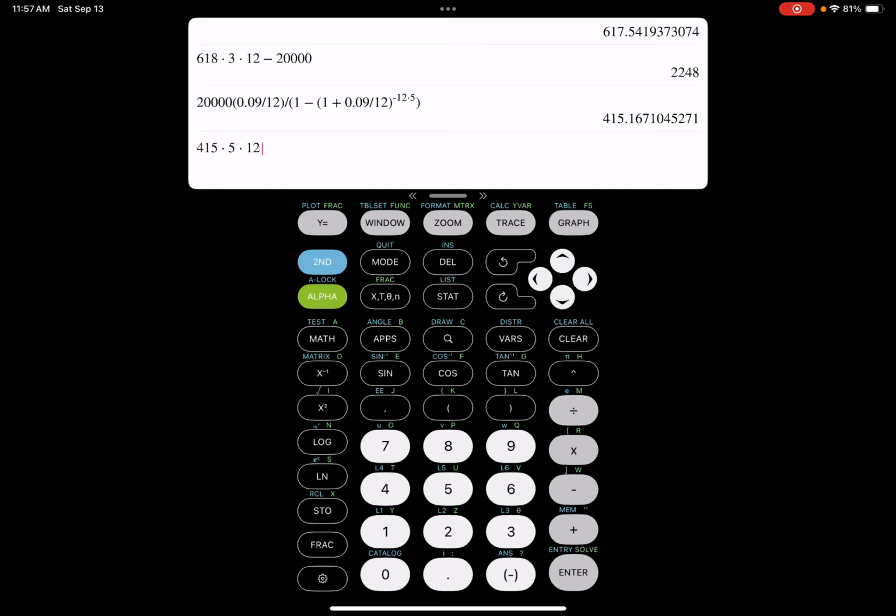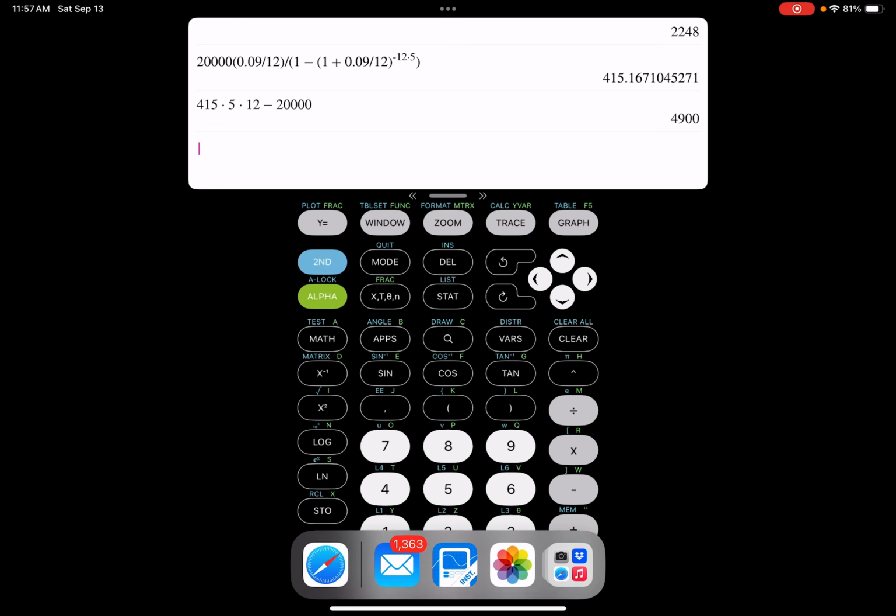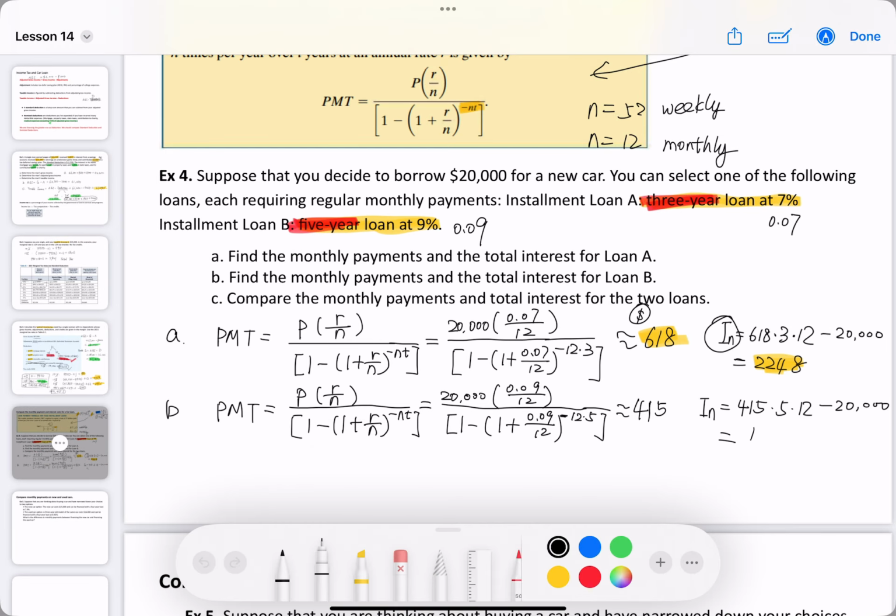So 5 times 12 is how many payments I'm going to make in 5 years. And then minus 20,000 is 4900. Okay, let's highlight the PMT and the interest.